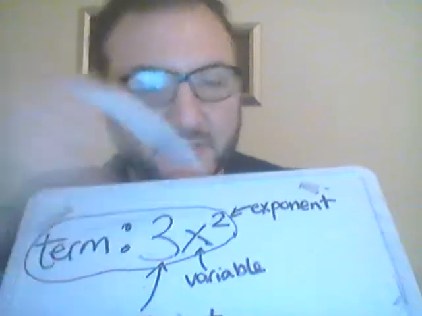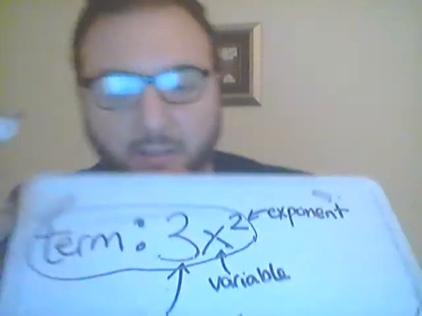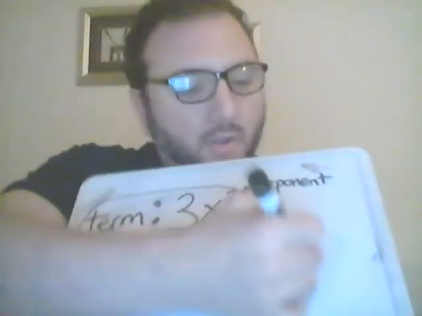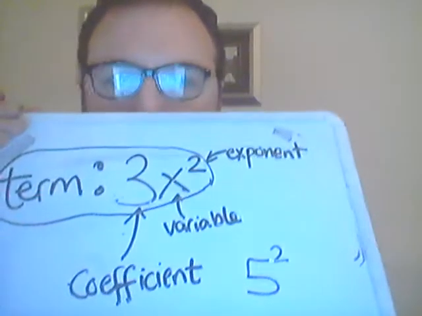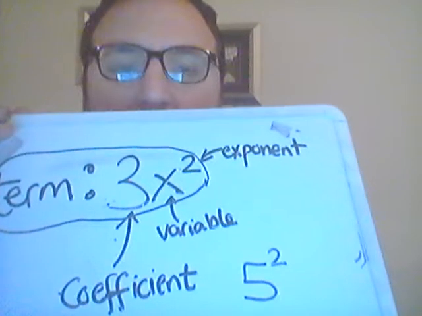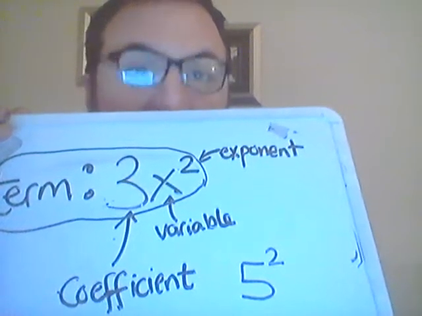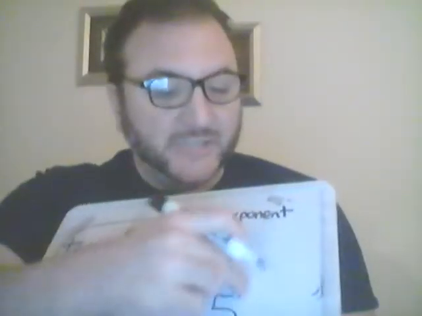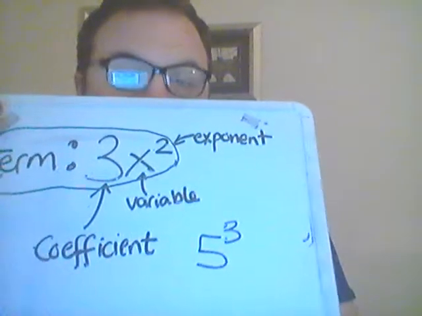So, for example, let's say that I had a regular 5 with a little 2. That little 2 is an exponent. What does that mean? That's not 5 times 2. That's 5 times 5. That's basically saying you're multiplying the number 5 twice. If I change that 2 to a 3, now I'm multiplying 5 3 times. So it's 5 times 5 times 5.